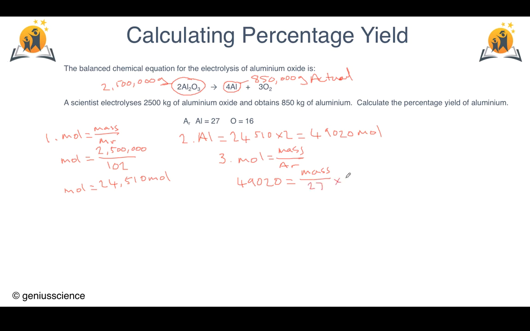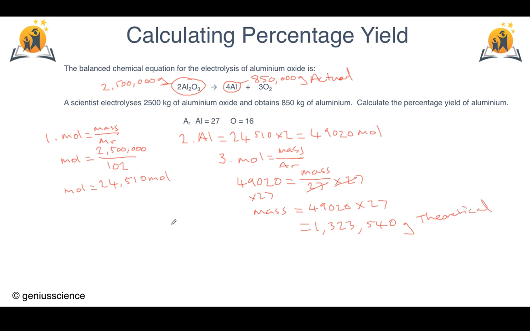Now, rearranging for mass, we times both sides by 27, cancelling out, giving us the mass equal to 49,020 times 27, giving us a maximum possible mass, therefore a theoretical yield of 1,323,540 grams. And remember, that's our theoretical yield.